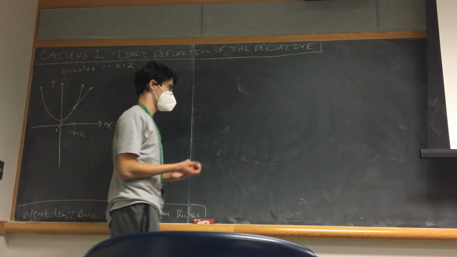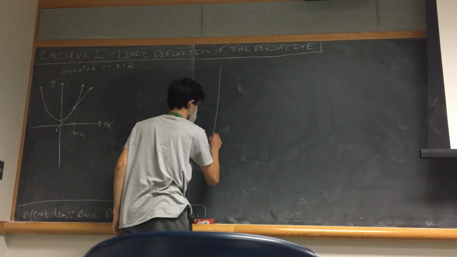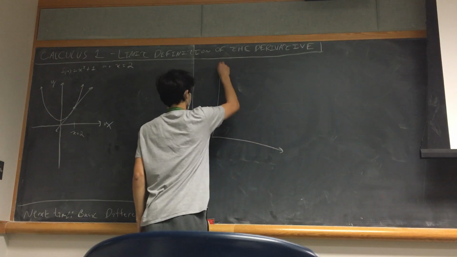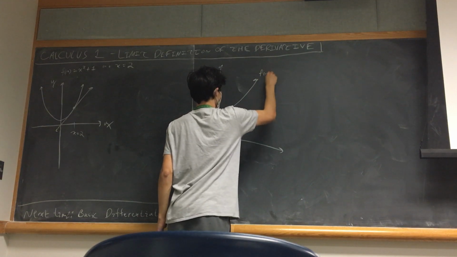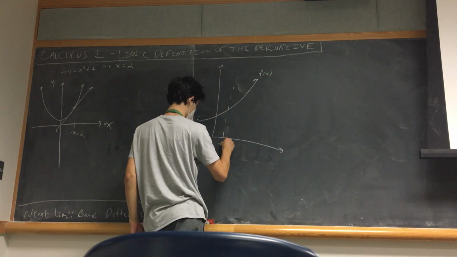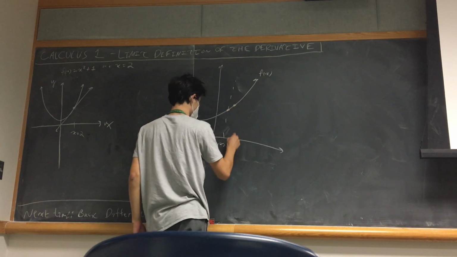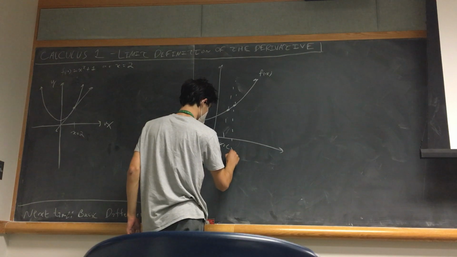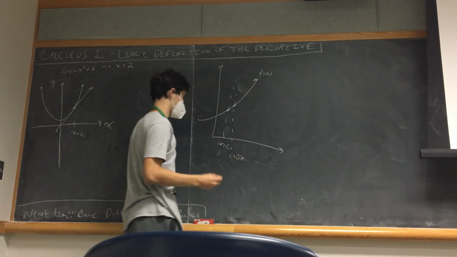We can generalize the limit definition of the derivative at a point in this way. So let's say we have a graph. This graph is f of x. We said we had a point x equals c, and we had another point placed at c plus delta x.